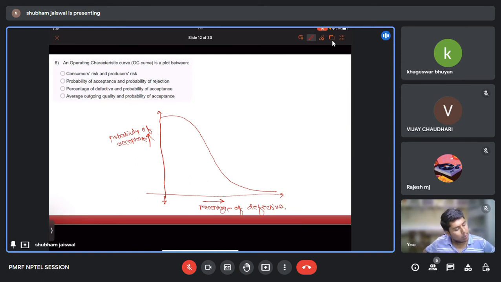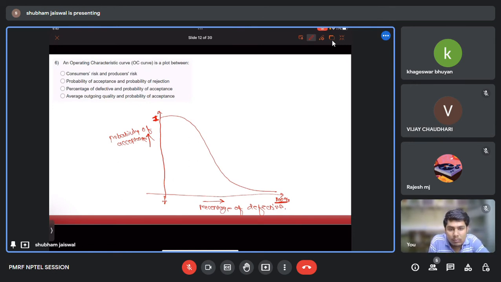So the maximum probability of acceptance is 1, that is 100%. Always remember that in the operating characteristics curve, the probability of acceptance cannot be more than 1. So 1 is the highest limit, and for the percentage of defective, the maximum defect that can be is 100%.